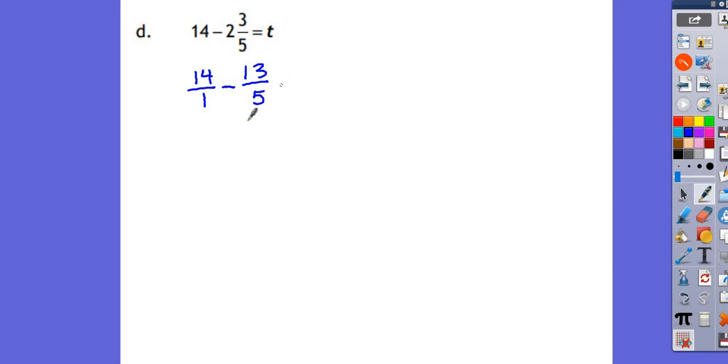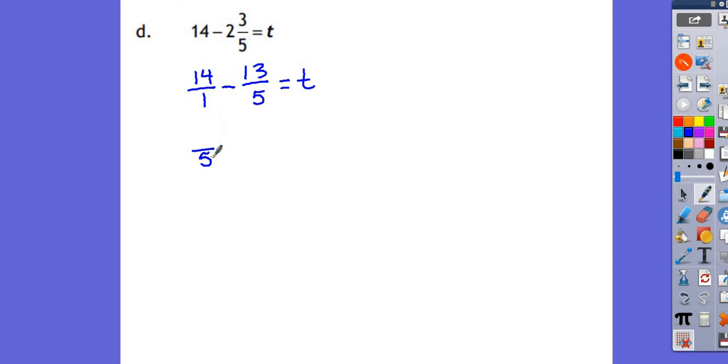All right, and I need to figure out what that equals, but I see that I do not have common denominators. I have a 1 and a 5. Well, what is in common between a 1 and a 5? 5. That would be the easiest. I don't have to change this guy. I just have to change him to have a denominator of 5.